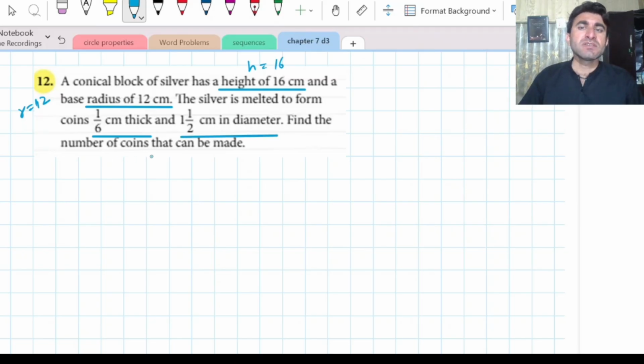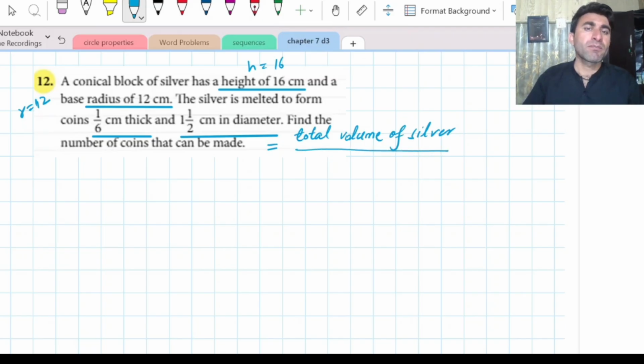Find the number of coins that can be made. So first of all, the number of coins that can be made will be the total volume of silver divided by the volume of one coin. So first of all, we find the total volume of silver.